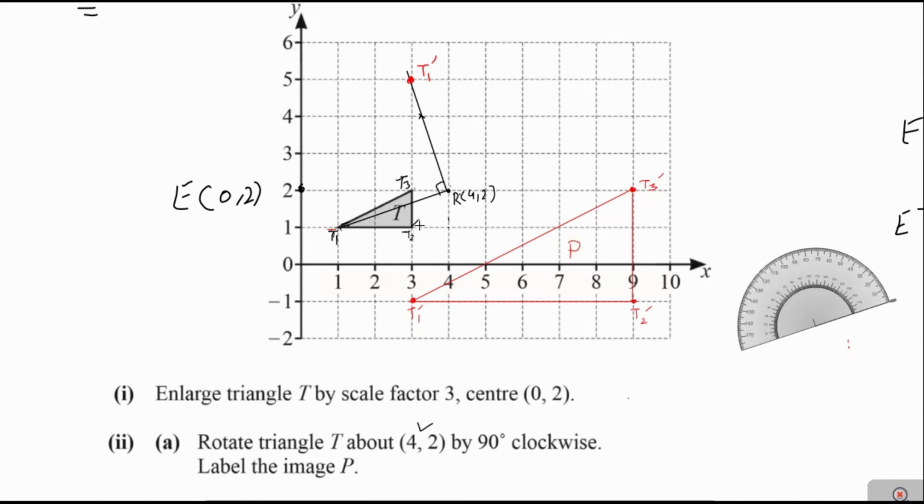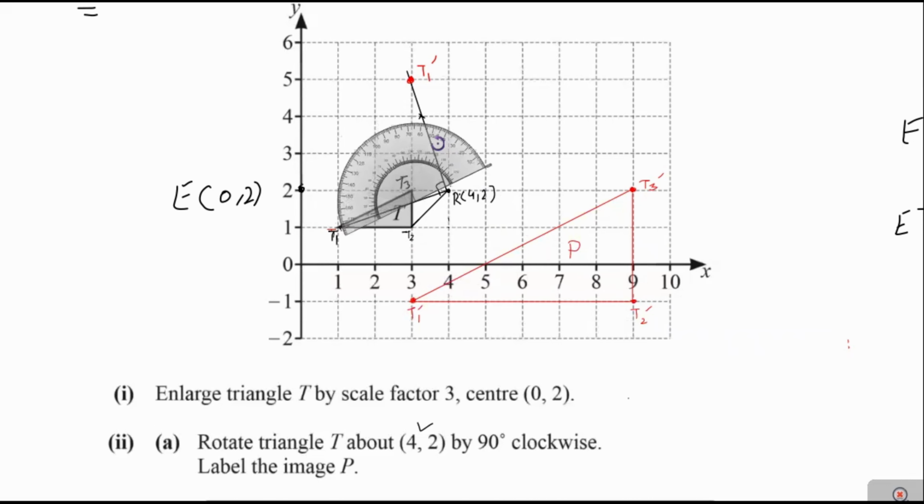Now next is T2R. You see here, we join this point, T2 to R. Now you can see, after joining, we'll take the 90° by using the protractor.